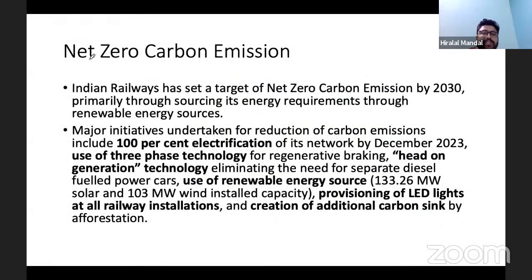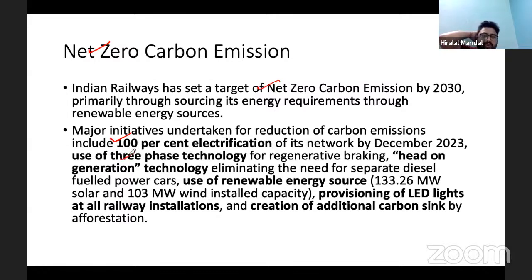The railways have also accepted net zero carbon emission. By 2030, the railways have set a target to achieve net zero carbon emission. For that, it is promoting 100% electrification. Electrification will allow phasing out of coal for running the Indian Railways.